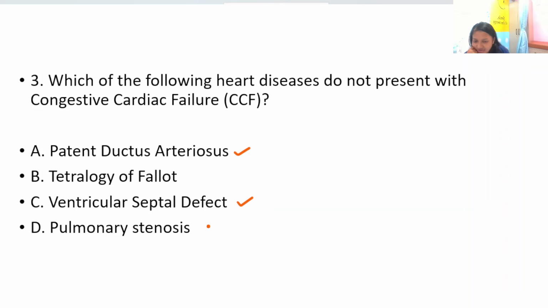Pulmonary stenosis, if the stenosis is severe, it can lead to right-sided heart failure. Tetralogy of Fallot has VSD as a component, and the large VSD equalizes pressure in both the ventricles. So tetralogy of Fallot does not present with CCF. The answer to this question is TOF does not present with CCF.